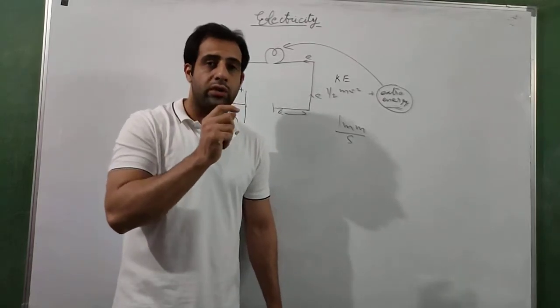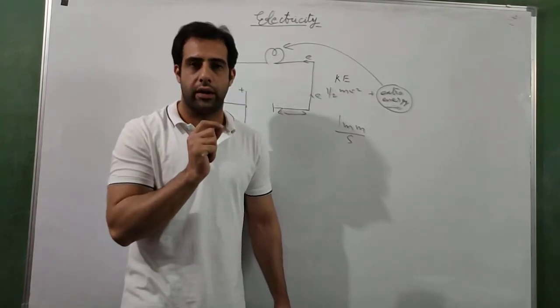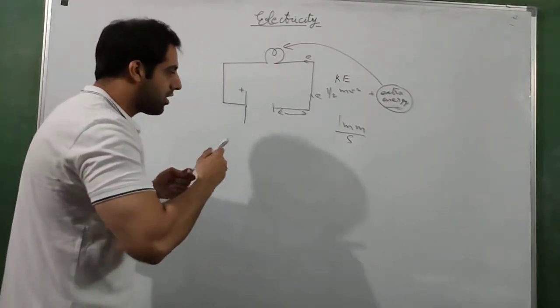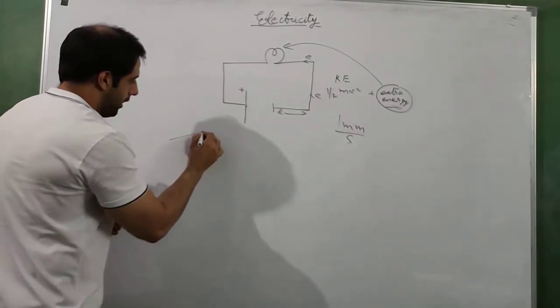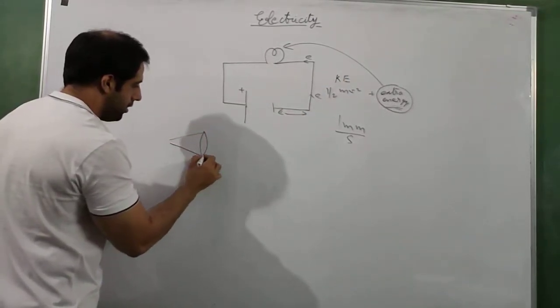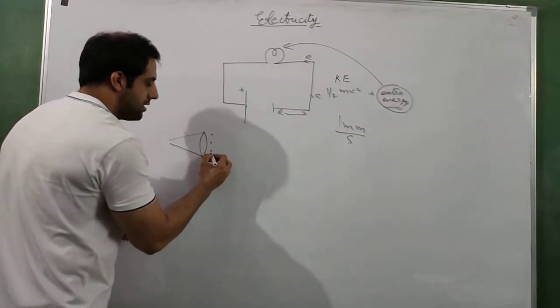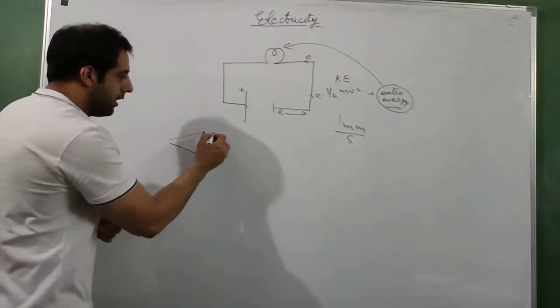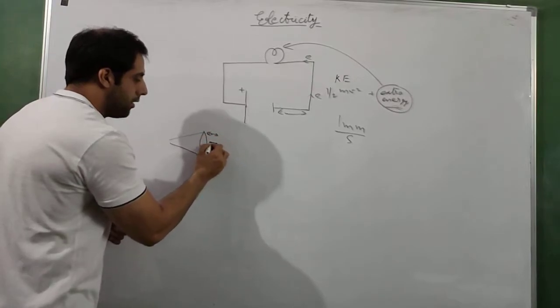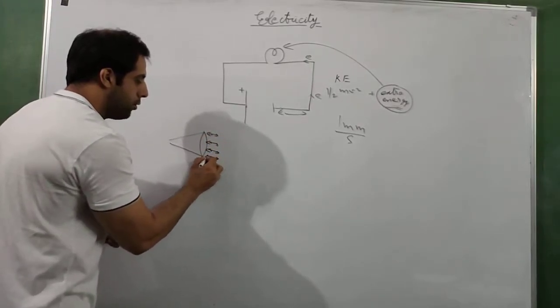Now we know that the molecules of air that are vibrating are not traveling to the listener. If this is the speaker, then the molecules right in front of it will start vibrating in a to and fro motion.